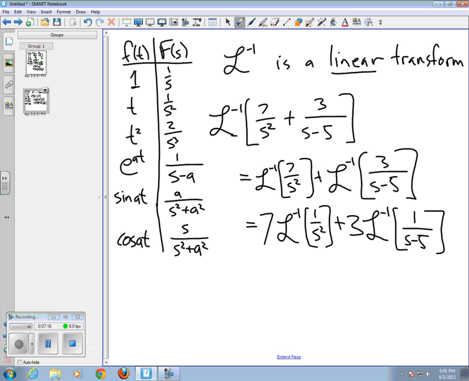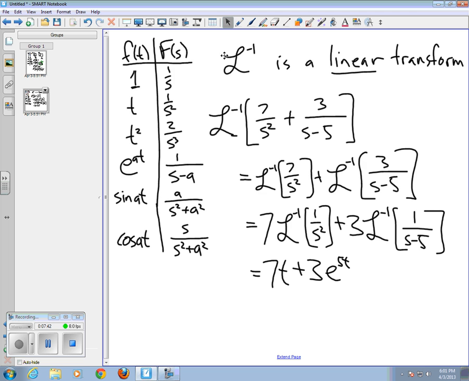And now we can go to the table and see that the inverse Laplace transform of 1 over s squared is just t, and the inverse Laplace transform of 1 over s minus 5 is e to the 5t. So that's the inverse Laplace transform of 7 over s squared plus 3 over s minus 5.